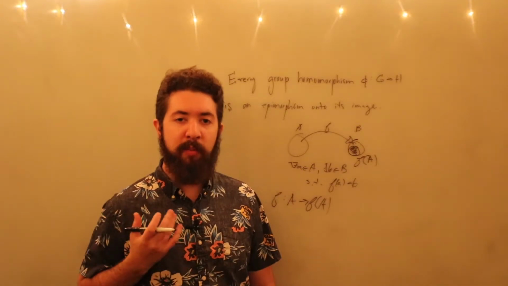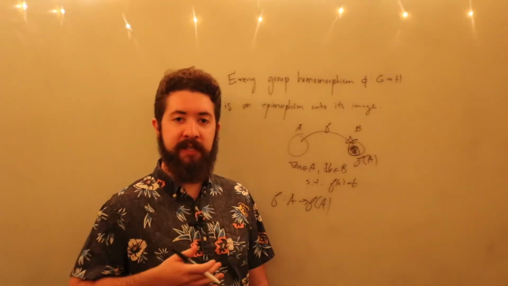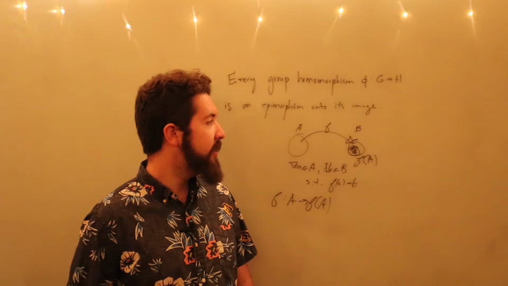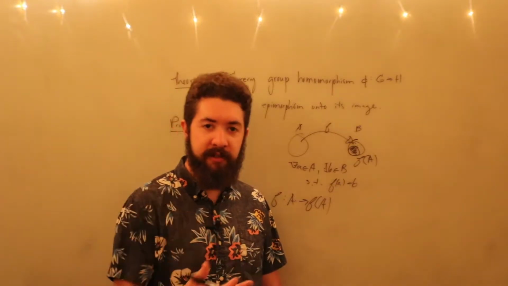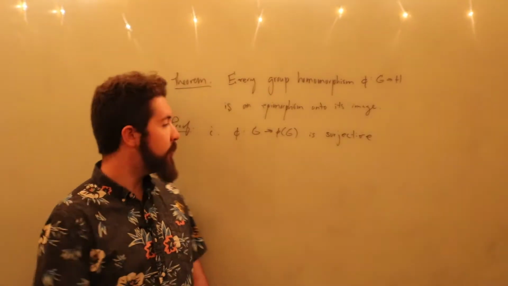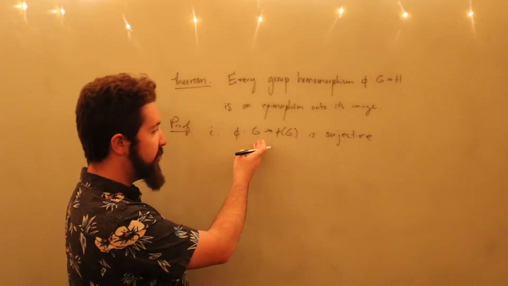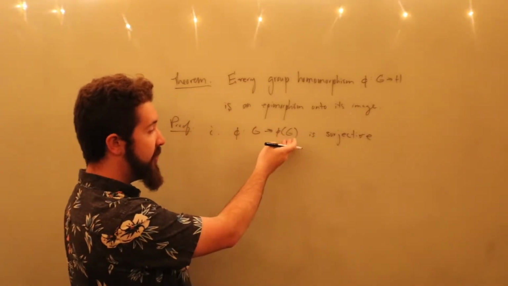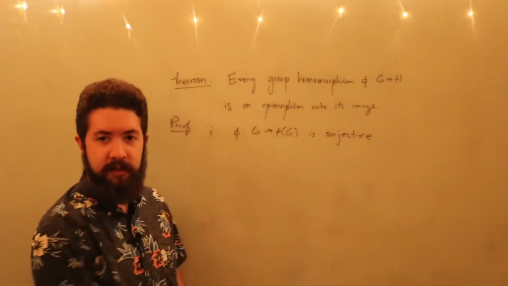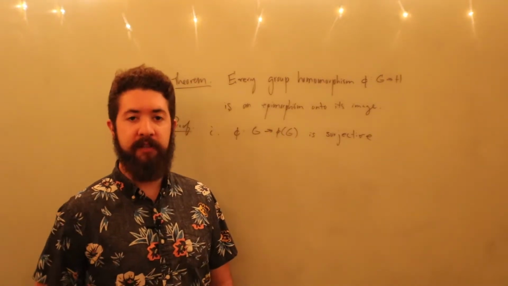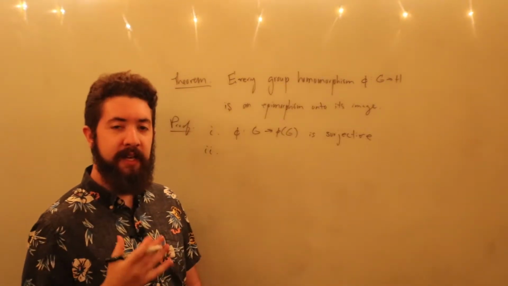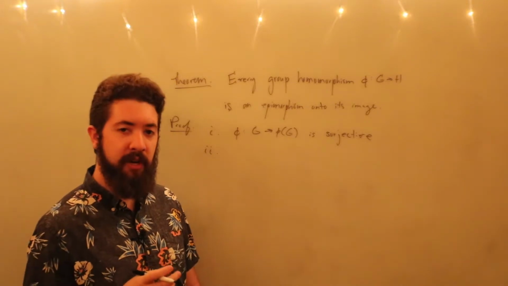Since all group homomorphisms are mappings, this must be true of them as well, that they are always surjective onto their image. So we write that phi from the group G to the image of G under the map phi is a surjective mapping, by definition.